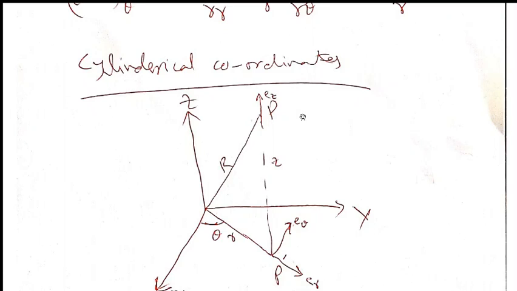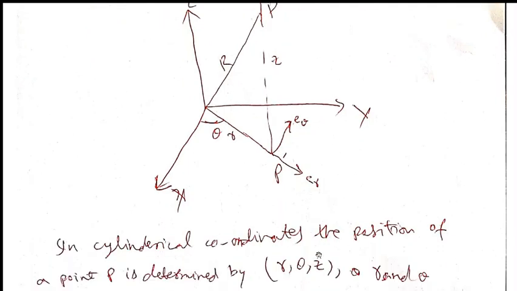Here we have the x-axis, here the y-axis, here the z-axis. This is P in space. Now we will take its projection on our xy plane, P dash. In the xy plane, the components of this projection will be r and theta.